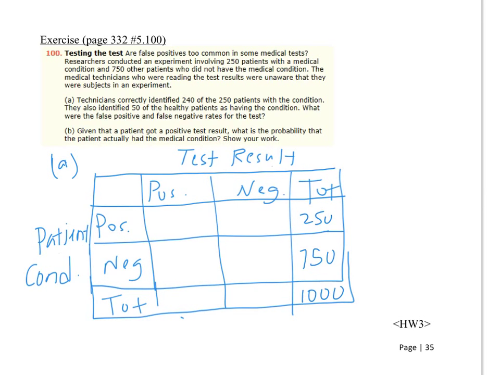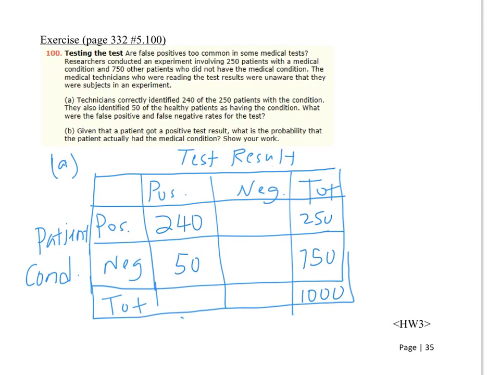And then it goes on to say that when given the test, technicians correctly identified 240 of the 250 patients with the condition. So that means the test came up positive 240 times. Unfortunately, the test also came up positive 50 times when the patient didn't have the condition.